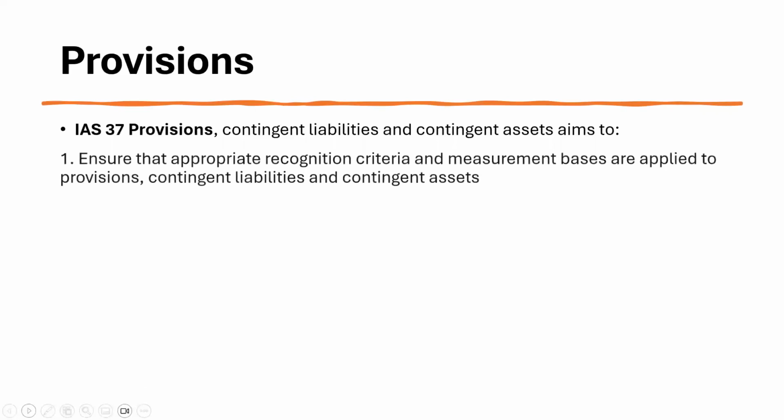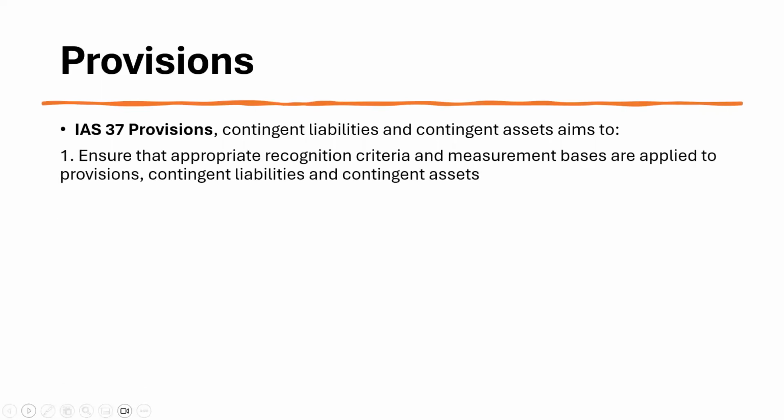The standard aims to ensure that appropriate recognition criteria and measurement basis are applied to provisions, contingent liabilities, and contingent assets. So we are going to explain what provisions are and try to differentiate between provisions, contingent liabilities, and contingent assets.